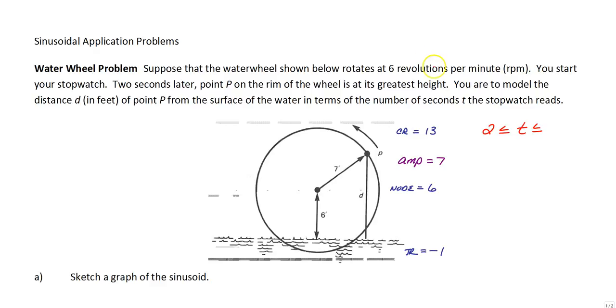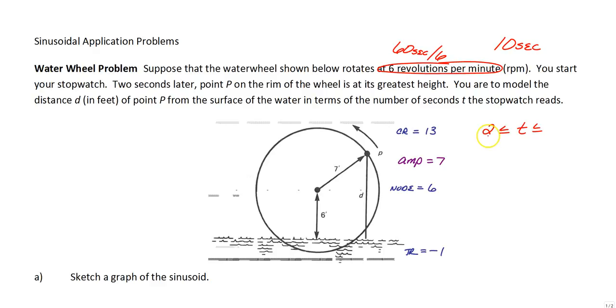This says 6 revolutions per minute. Well, if there are 60 seconds in 1 minute, and this happens 6 times, each revolution takes 10 seconds. So remember, when we're working with sine and cosine, we want 1 cycle.